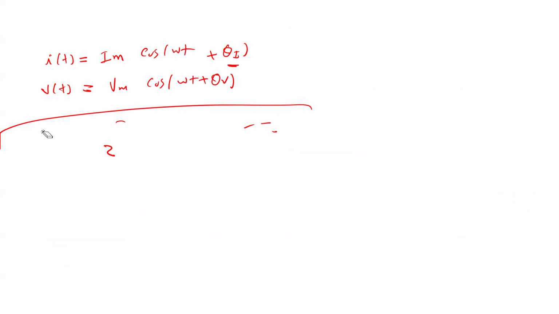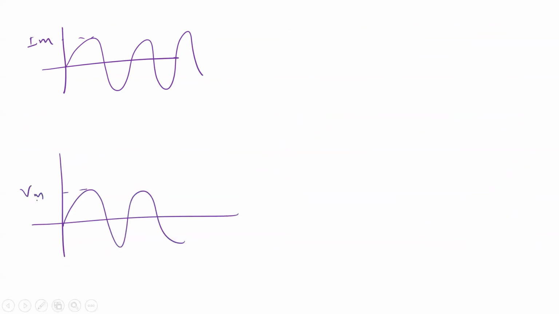This value may be different based on the shape of the signal, but because we are focusing on sinusoidal signals, the maximum can be Im for current or Vm for voltage.